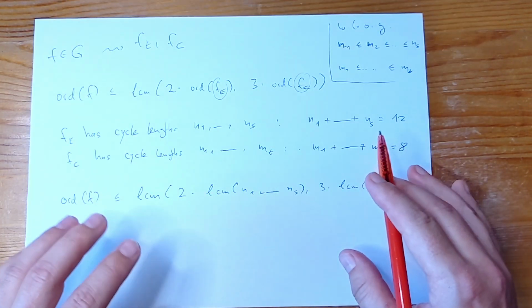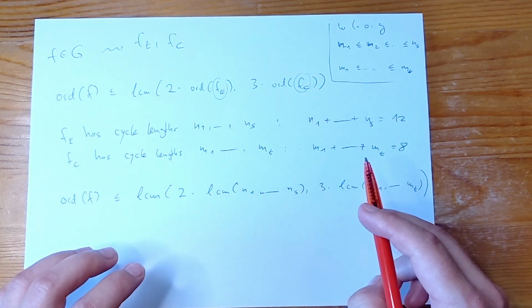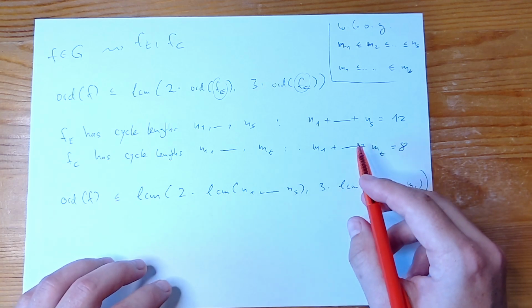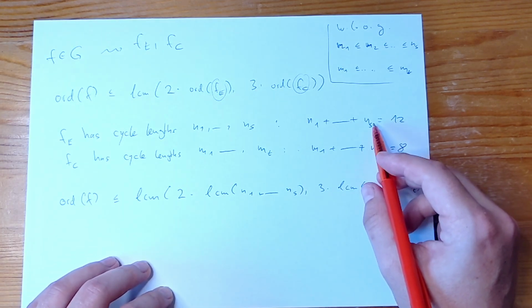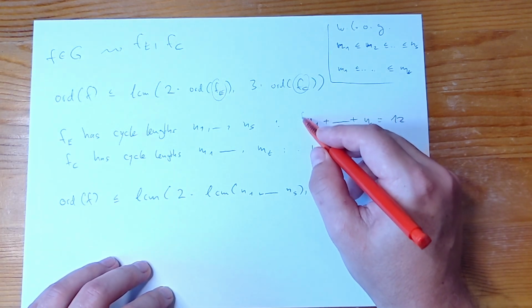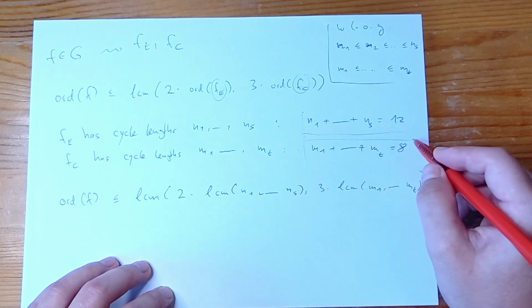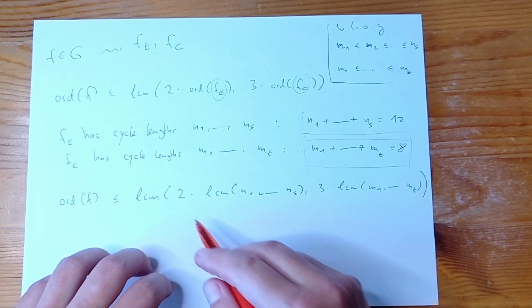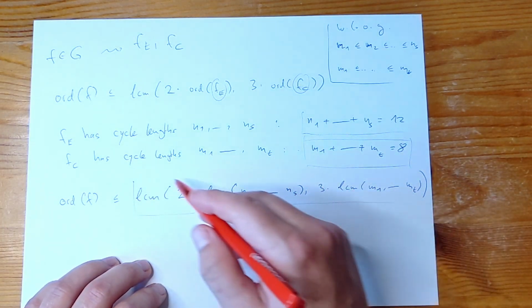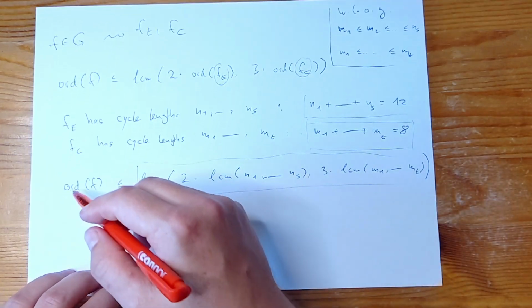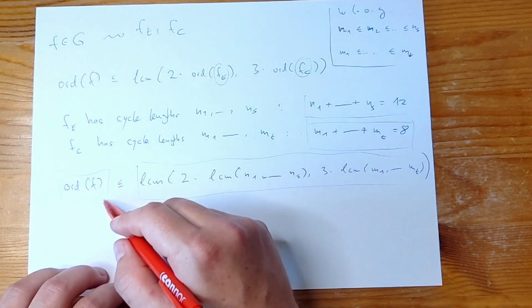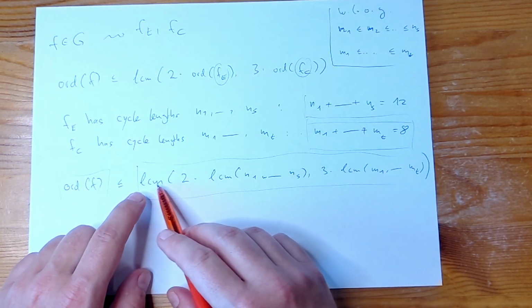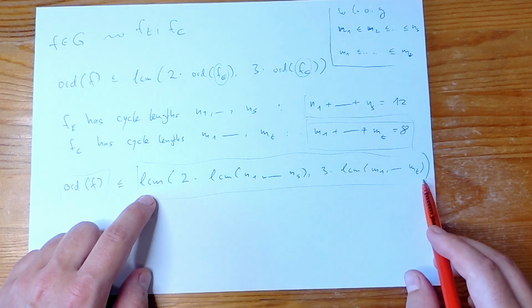Okay, so we have almost reduced the whole problem to a pure number theoretical one, namely we just have to go through all partitions of 12 and all partitions of 8, and then we have to compute this thing here. And then we have our upper bound for the order. If we can prove that this expression here is always at most 1260, we are done.